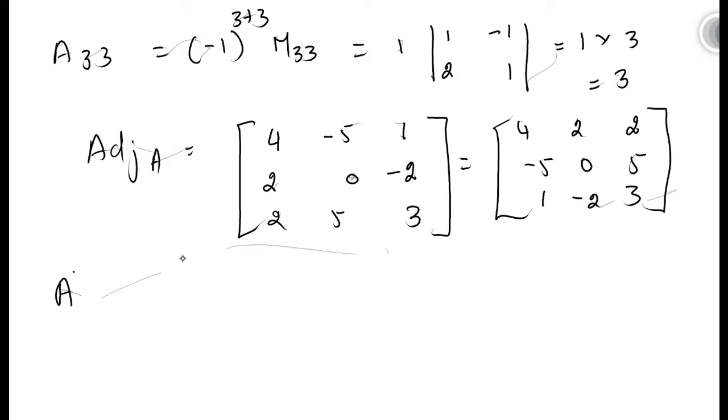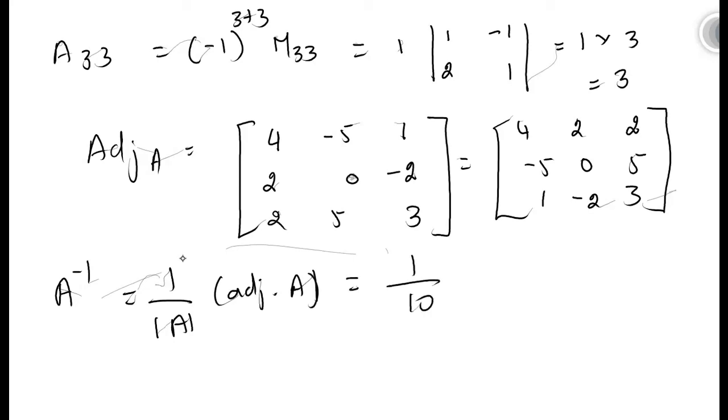Now you know A inverse is equal to 1 by the determinant value of A times the adjoint of A, which is equal to 1 by 10 times [4, 2, 2; -5, 0, 5; 1, -2, 3].